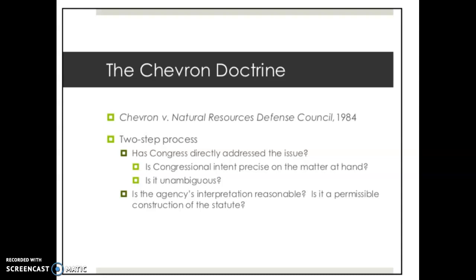One, has Congress directly addressed the issue? Has Congress provided proper guidance on this particular issue, and is that guidance unambiguous? And two, is the agency's interpretation reasonable? Is it a permissible construction of the statute? So has the agency constructed the statute within its rulemaking in a way that's permissible by the courts?